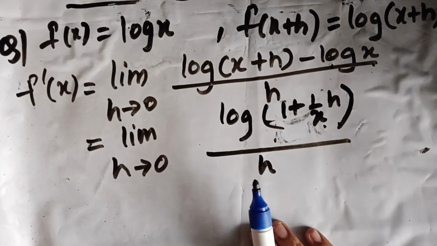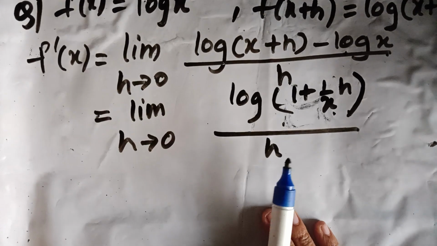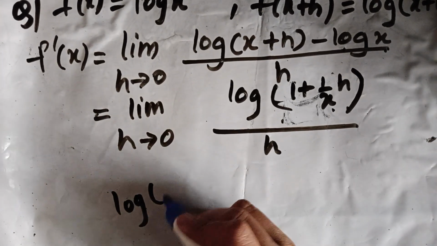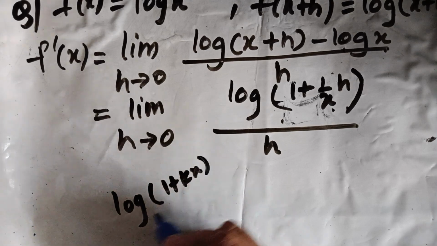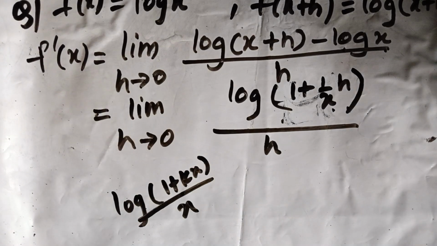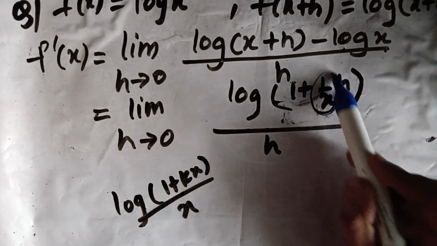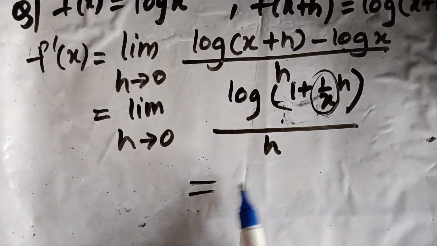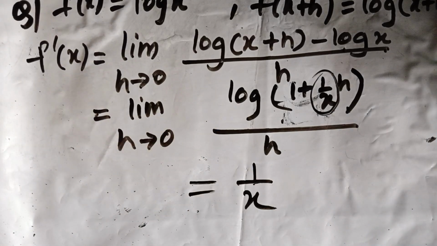This is of that last form, that standard result, log of 1 plus kx upon x. So the answer was k. Correct? Here our k is 1 by x. So as h tends to 0, we have 1 by x is the answer. Okay, this is the derivative.